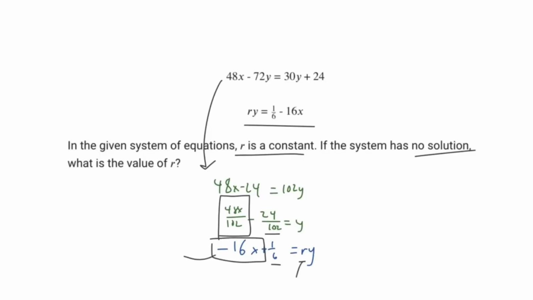Another thing to note here is that negative 16x can be rewritten as negative 48x over 3, right? That's the exact same thing as negative 16x. And now we can see the direct comparison between negative 48x over 3 and 48x over 102. So from 3 to 102, what value is that? Well, that value is 34, right?